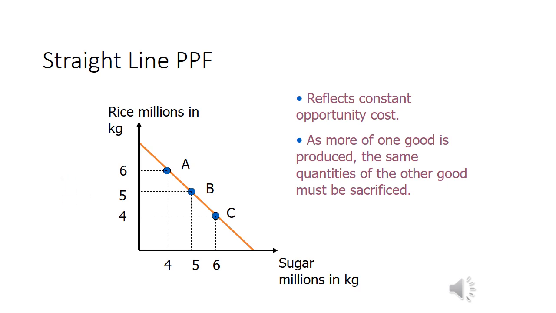So the exchange is always constant. This is reflected by a straight line. So the same quantities of the other good is always sacrificed for the same quantity of one. The sacrifice is always the same. Exchange is always the same, and this is reflected by a straight line PPF.